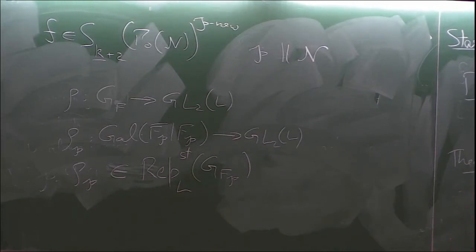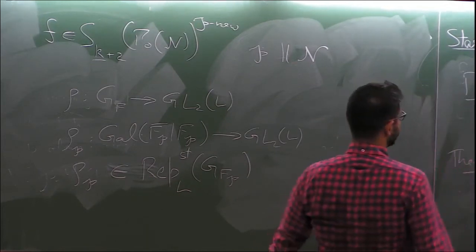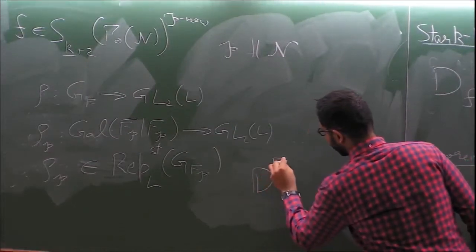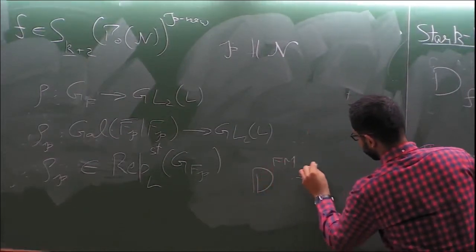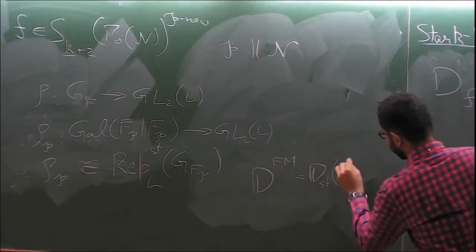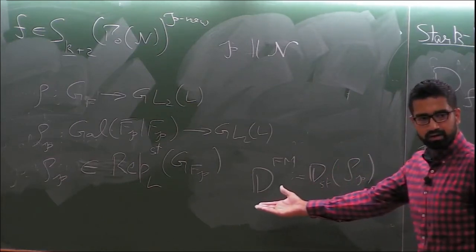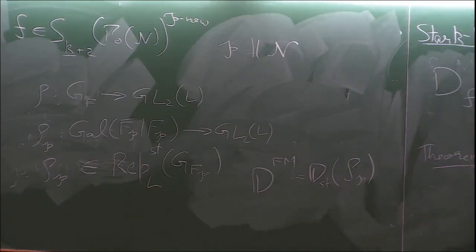But anyway, I think this will come out soon. So this is something we can assume, and we will. So in particular, I can attach the Fontaine-Mazur D_pst module. So this is the semi-stable module of rho P. So this is also a filtered phi-N module of rank 2, over F_P tensor L.